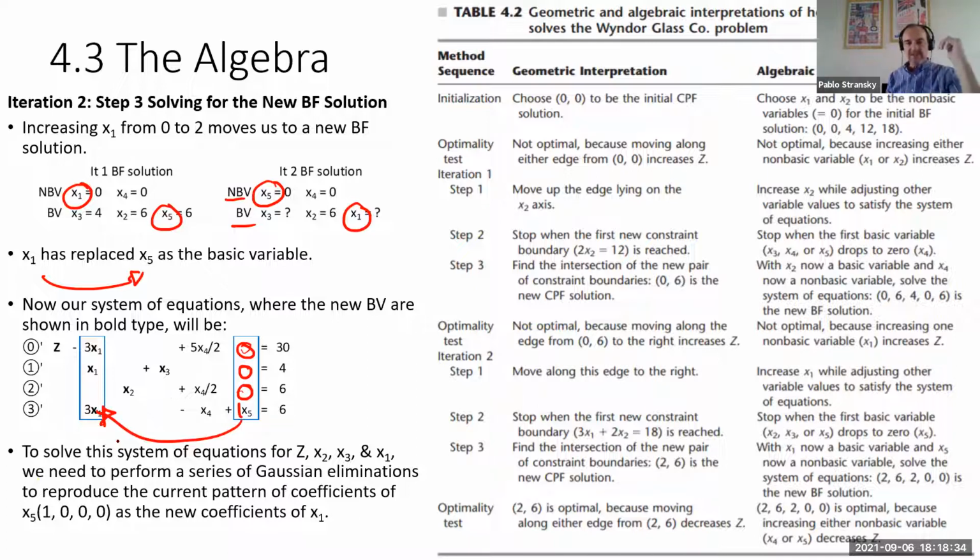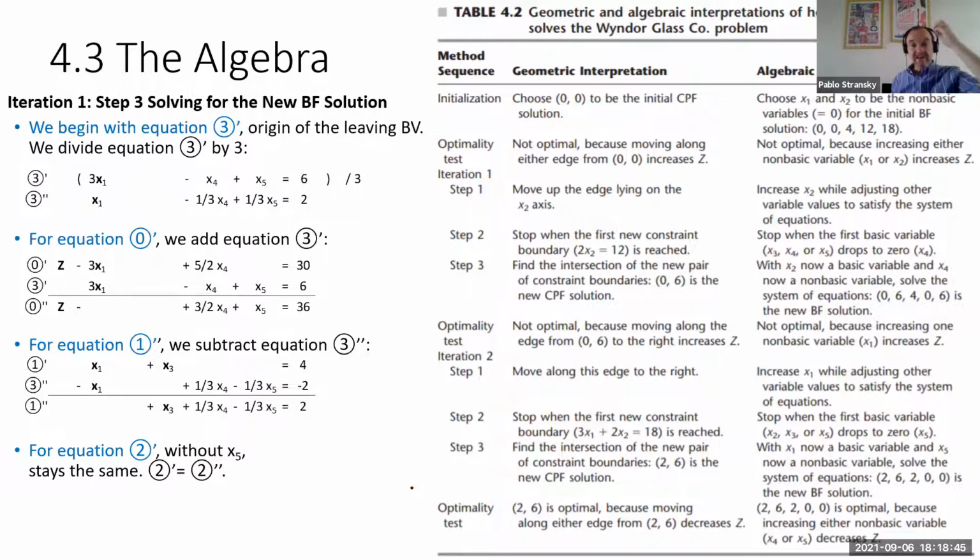We're going to be changing this pattern through x1, also through Gaussian eliminations. So we're going to be doing exactly what we did in step 3.